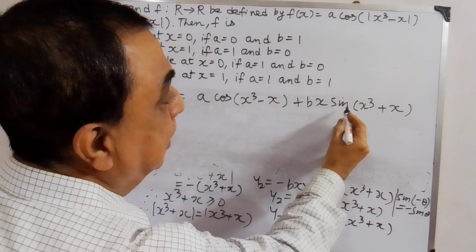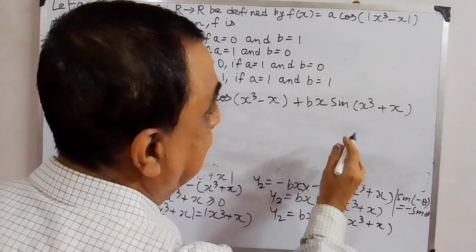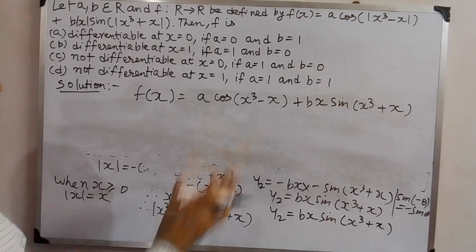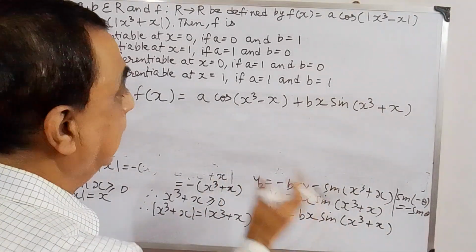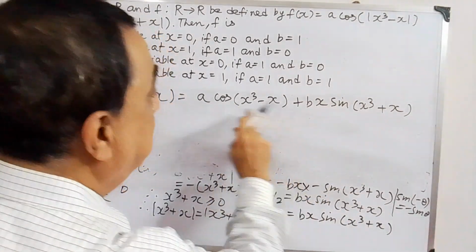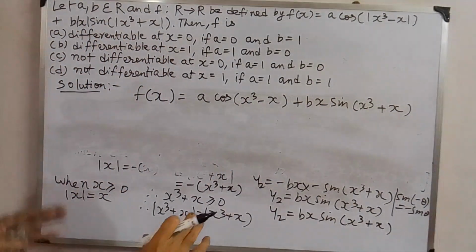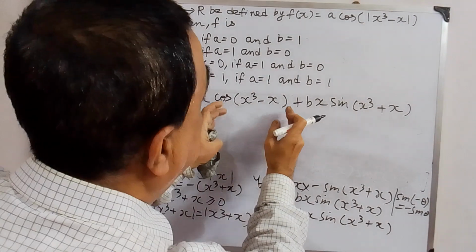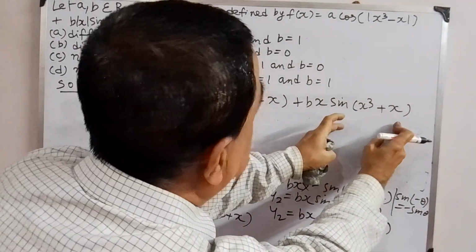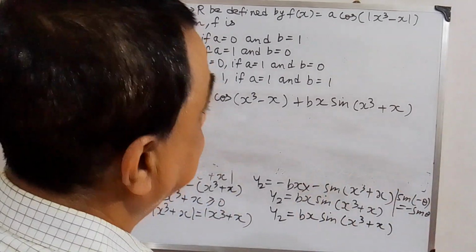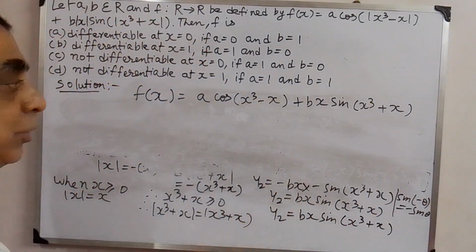So the identity function into a sine function will always be continuous and differentiable, and cos is also continuous and differentiable everywhere. So the sum of two continuous functions is always continuous and differentiable.